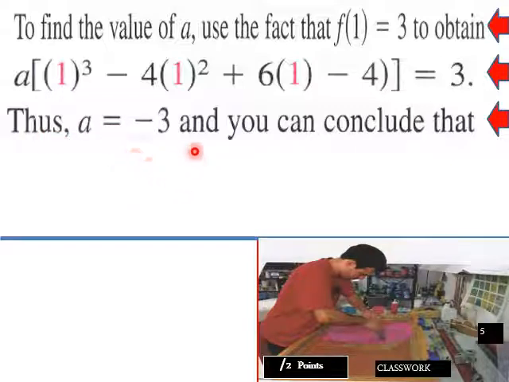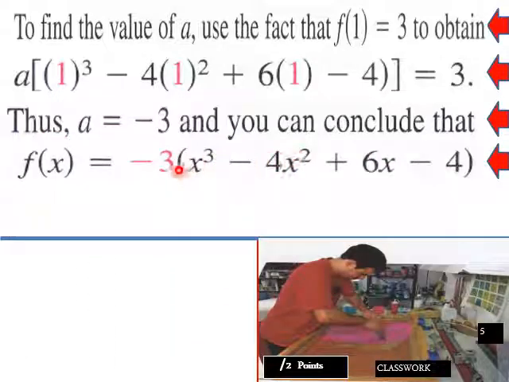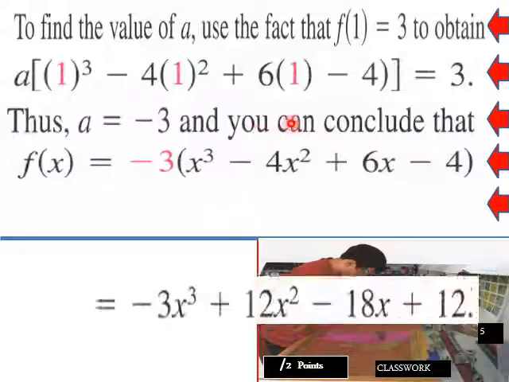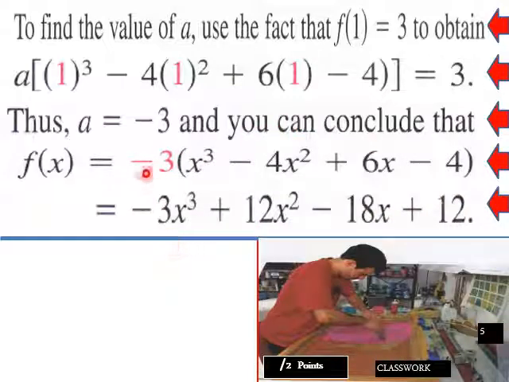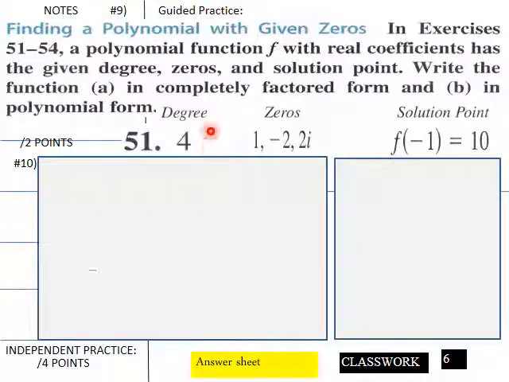Thus a would equal negative 3, and you can conclude that f of x equals negative 3 times this polynomial. And when you multiply this out, you get negative 3x cubed plus 12x squared minus 18x plus 12. So that's kind of a nifty way to find a polynomial by providing given zeros. Let's try one now.